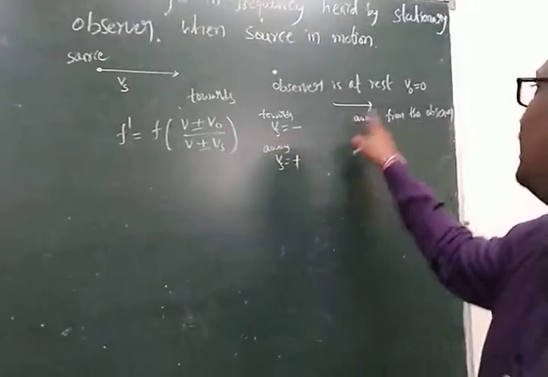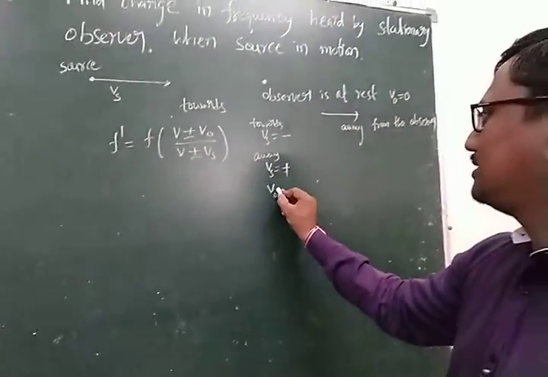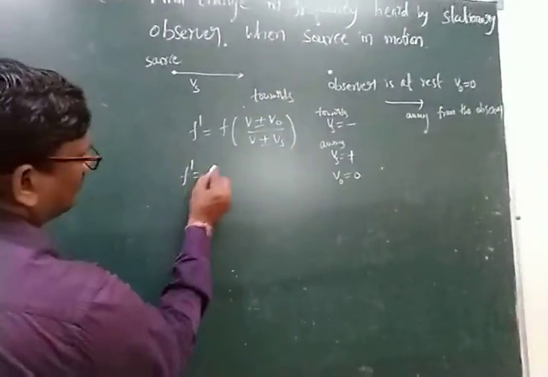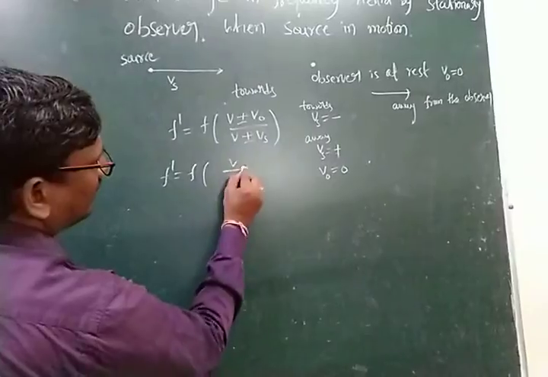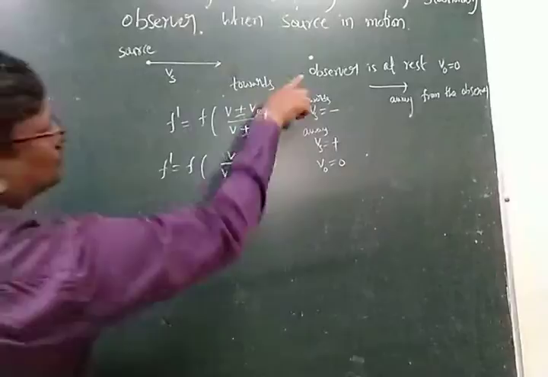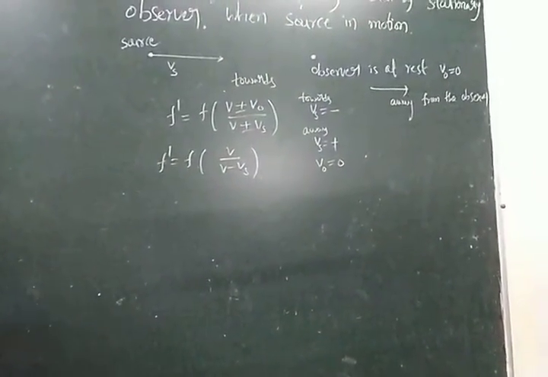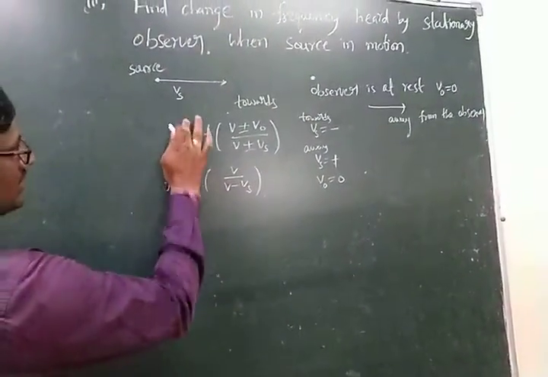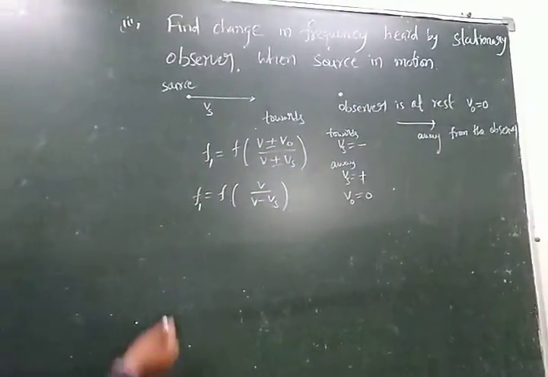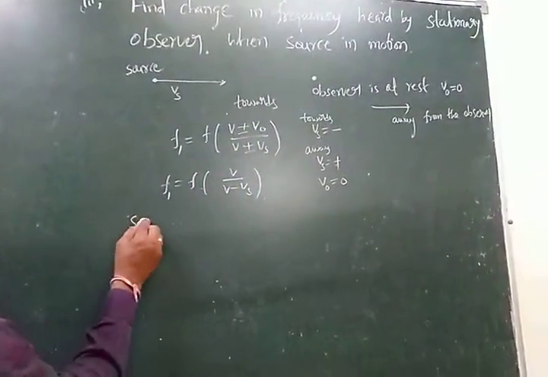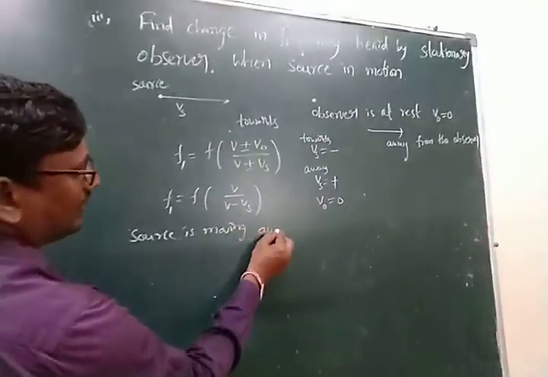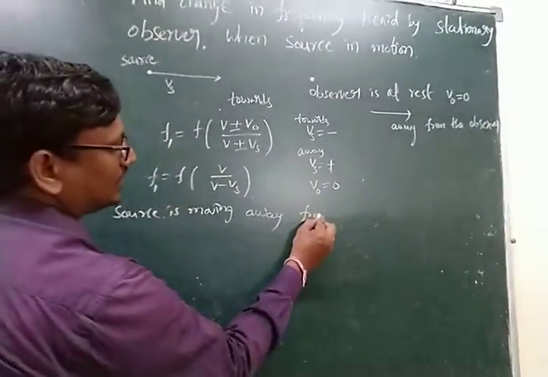And for an observer at rest, v naught is equal to 0. Substituting here, f dash is equal to f into v by (v minus vs). This is when the source moves towards the observer. This f dash we consider as f1. Next, when the source is moving away from the observer.